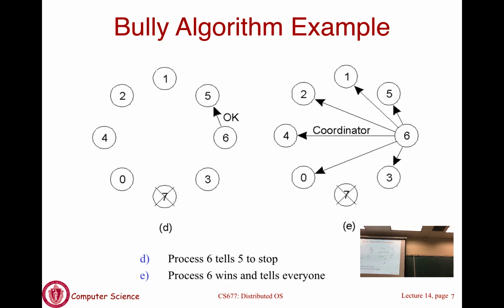So first thing is, you are assuming that the network is reliable. Okay? Your timeout is well chosen. If your timeout is poorly chosen, where you think that 6 is not responding before 6 actually responds, because 6 could be slow, the network could be slow, then you are going to get a situation where temporarily 6 becomes the leader.